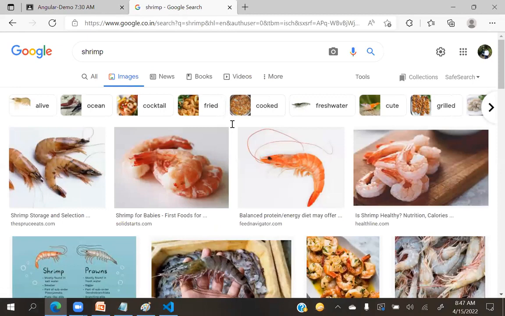Prawn and shrimp both belong to the same family. Shrimps are gender neutral, neither male nor female. That means the meaning of the word shim indicates that it is platform neutral. Every technology has it.